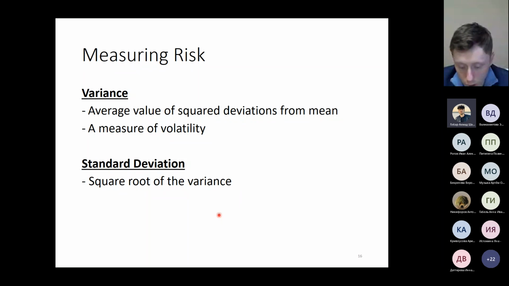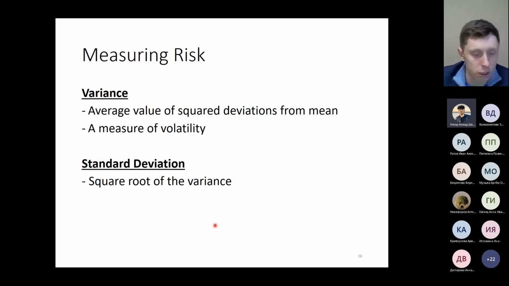It is a measure of how frequently or how likely the asset price is to change. If we look at the chart, the more changes we have on this asset, so the less straight the line, the more volatile it is.